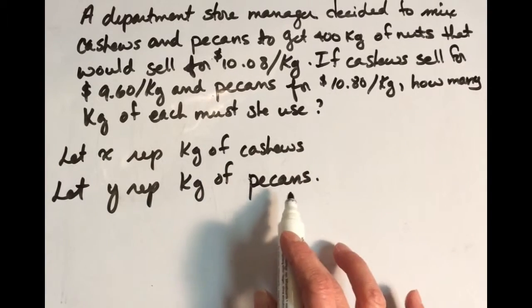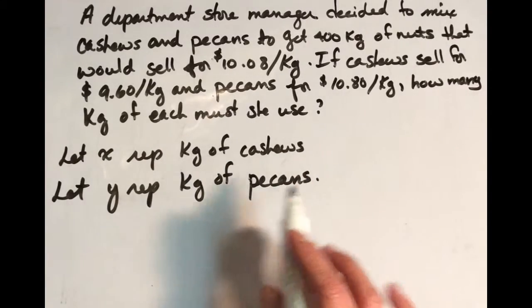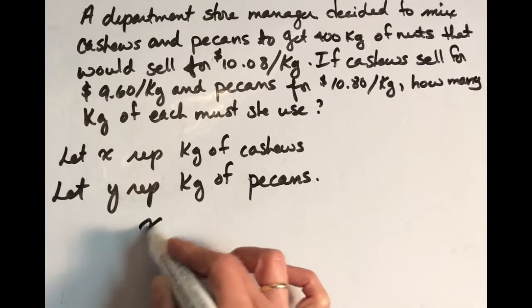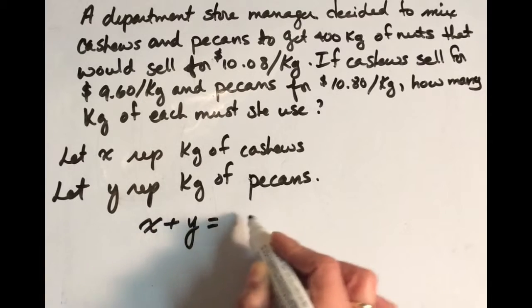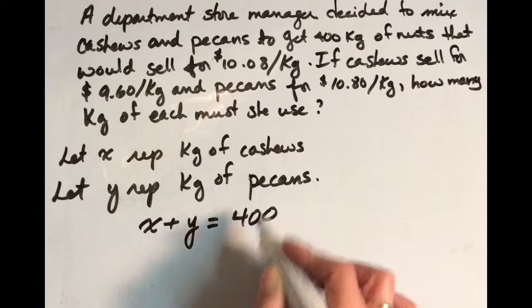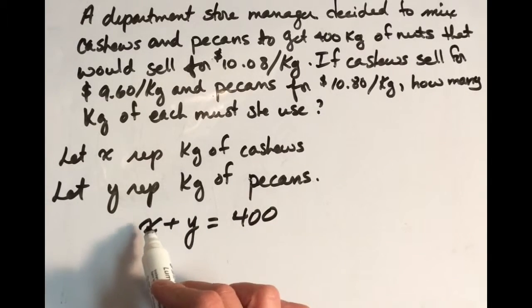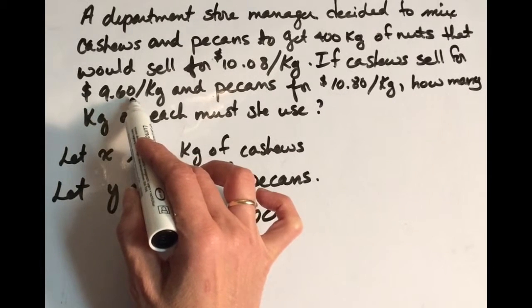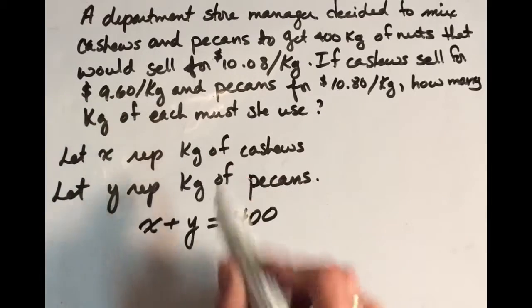Let Y represent the kilograms of pecans. And so we know the total of the cashews plus the pecans, we want to create a mixture of 400 kilograms. For every amount of X that we put here, it's worth $9.60 a kilogram.